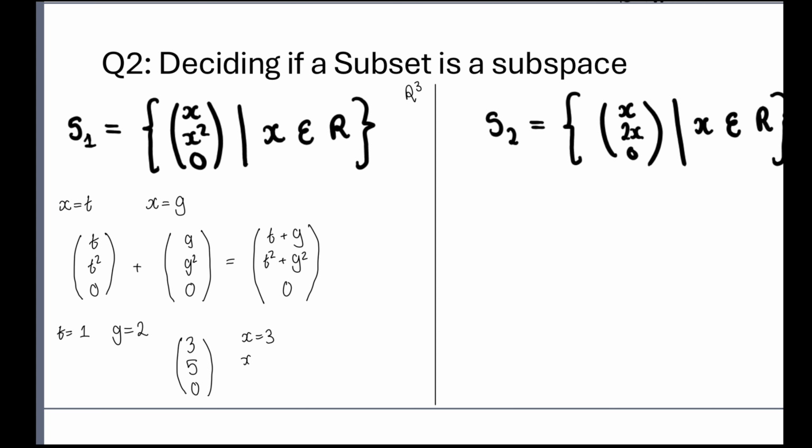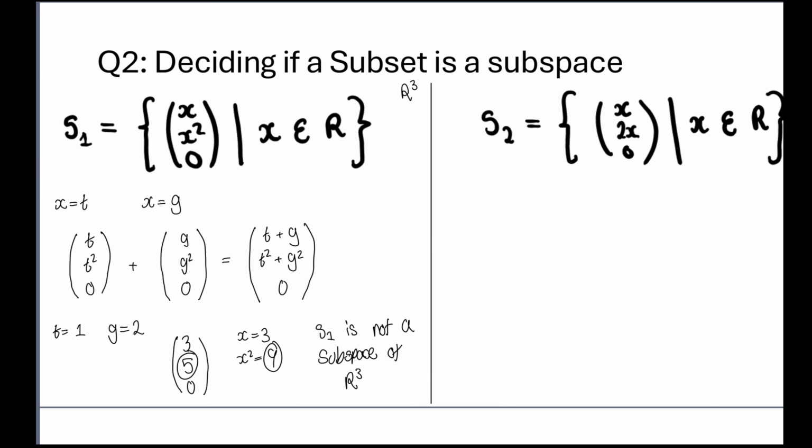If x is equal to 3, then x squared should be equal to 9, which is not the case here. So we can say that S1 is not a subspace of R³.